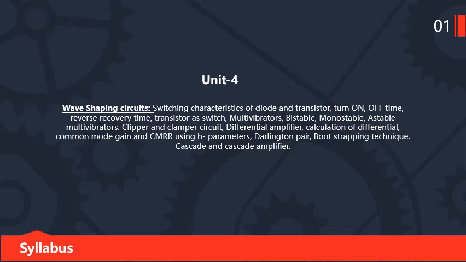In this we will learn about the switching characteristics of the diode and transistor, its turn on and turn off characteristics, as well as the turn on, turn off and reverse recovery time, transistor as a switch, multivibrators, its classification like bistable, monostable, astable multivibrators, clipper and clamper circuits, differential amplifier, calculation of differential gain, common mode gain and CMRR using h parameters, meaning hybrid parameters, Darlington pair and bootstrapping techniques, cascade and cascode amplifier.